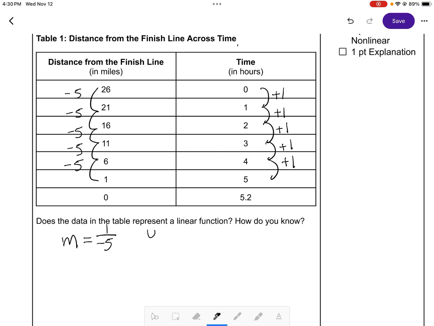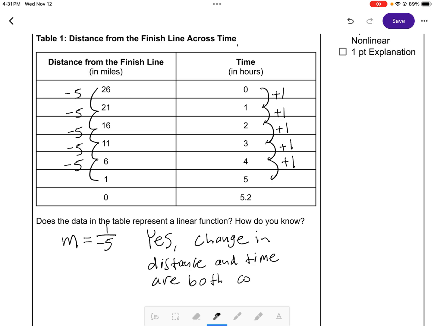So yes, this does represent a linear function because the change in distance and time are both constant.